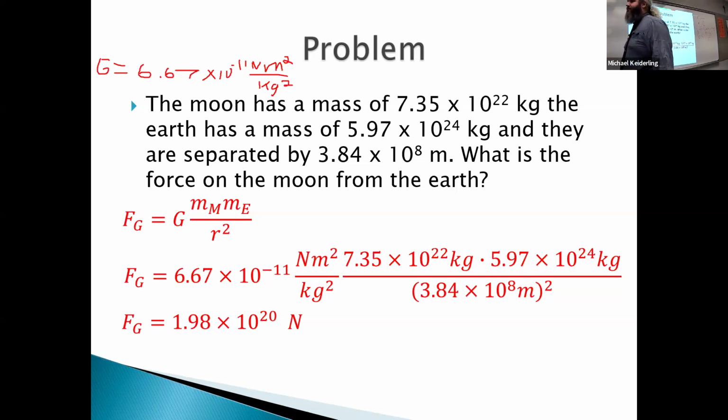But we're at 19.8 times 10 to the 19, which is 1.98 times 10 to the 20. So that's how you could do it without using that.